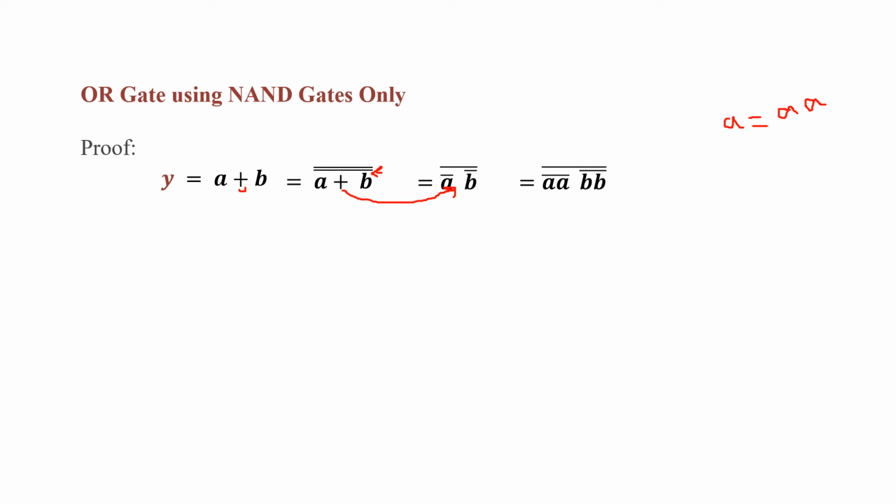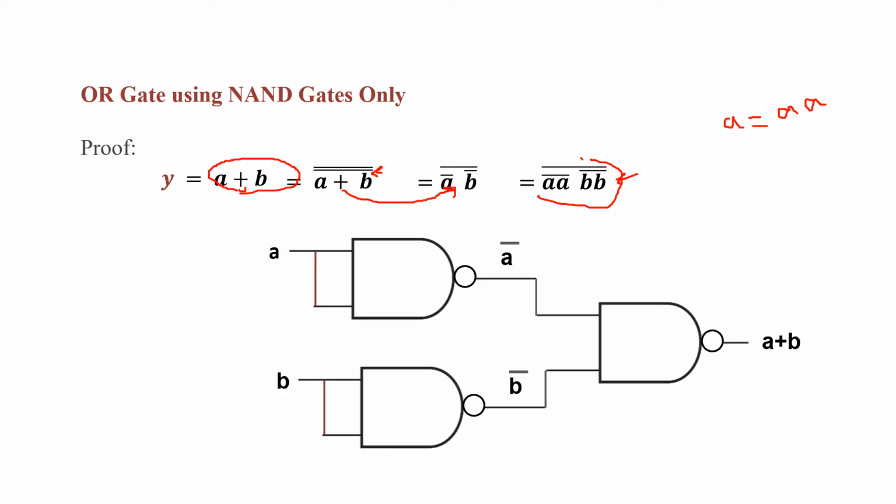Now what we see here is an expression written using NAND gates only that acts as OR gate, as an OR gate, because that's where we started from. And this is equivalent to this part of the expression. Sketching this will give us 3 NAND gates connecting in this way.